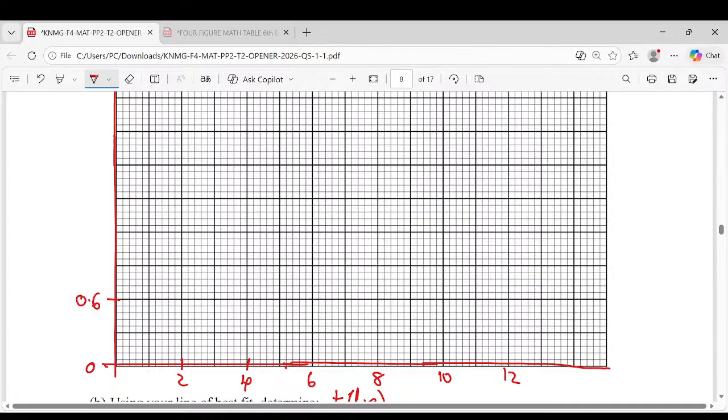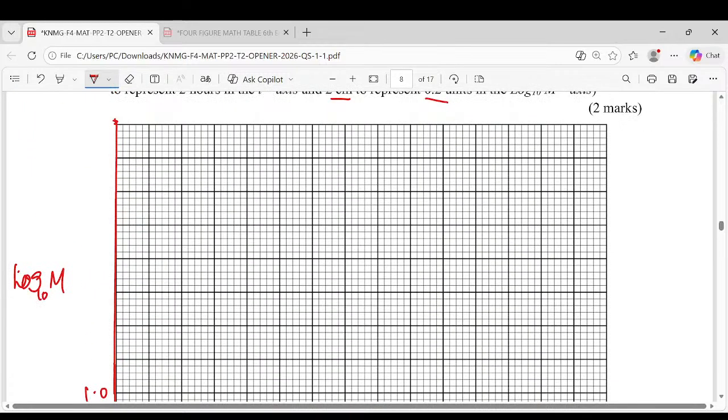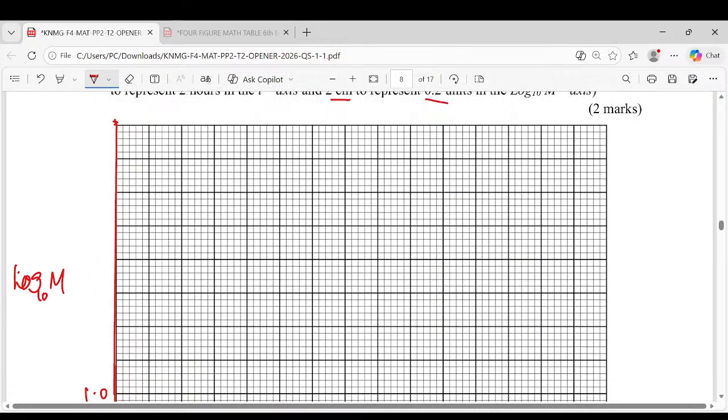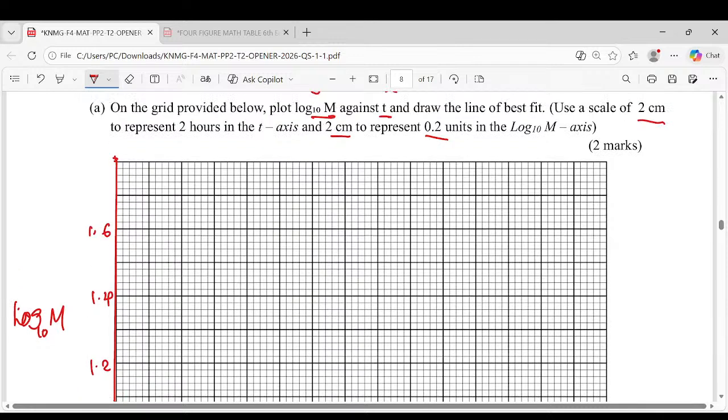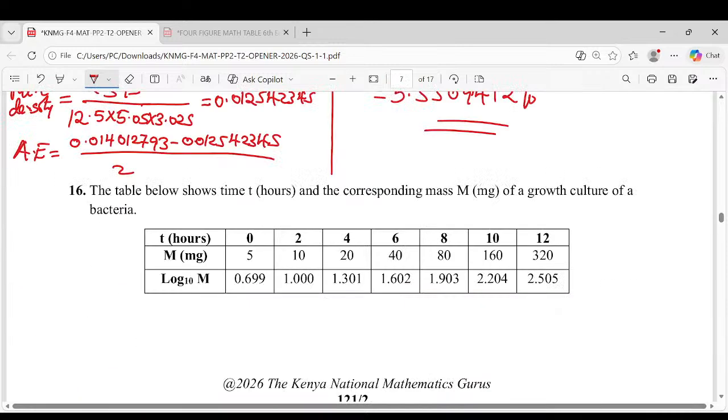This is 0.8, 1.0, 1.2, 1.4, 1.6. Does it go up to 2? This goes up to 2. It goes up to 2.5. Let me see.